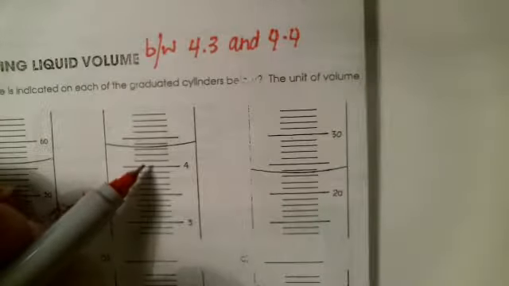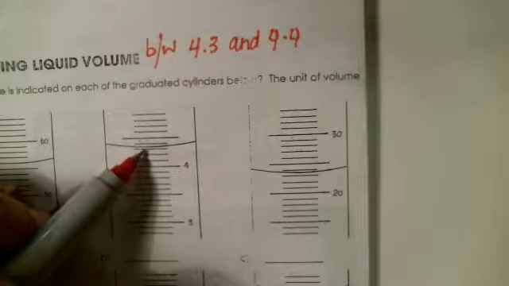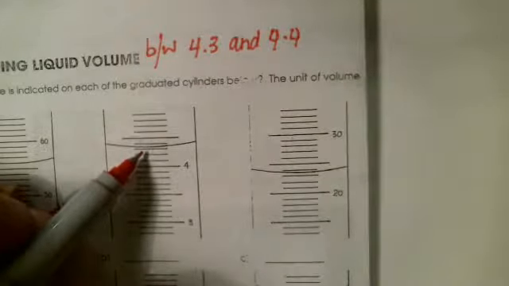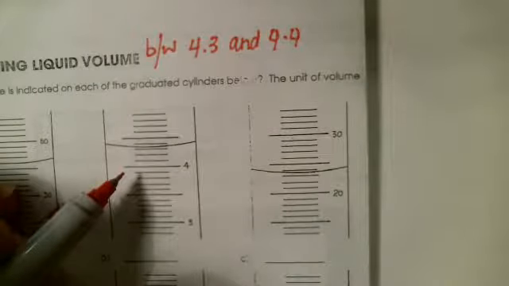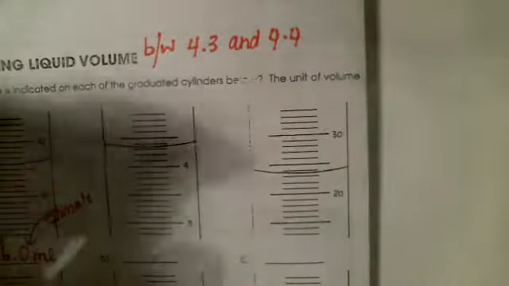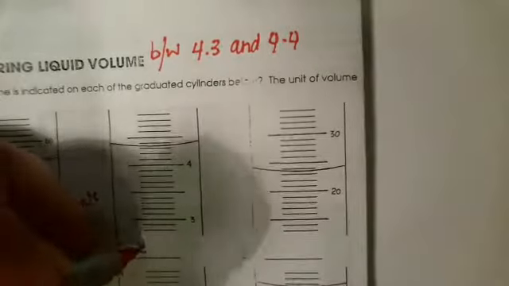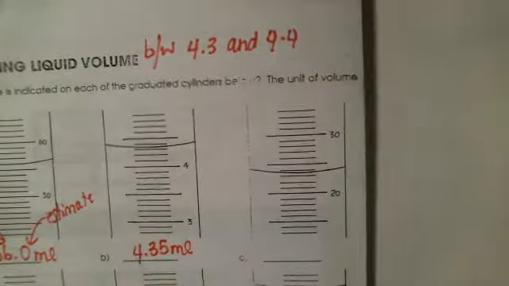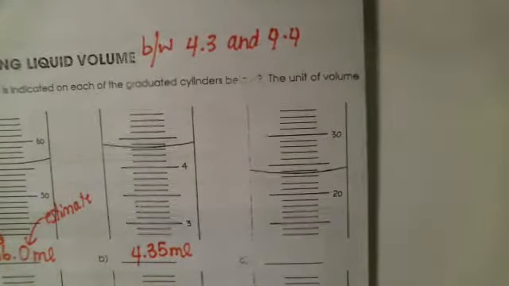So here we go. This would be 4.3. Do you guys see it's pretty much halfway between 4.3 and 4.4? So let's give it, how about 4.35 milliliters? Okay. So you're always going to estimate one more spot than what you can see on your equipment.